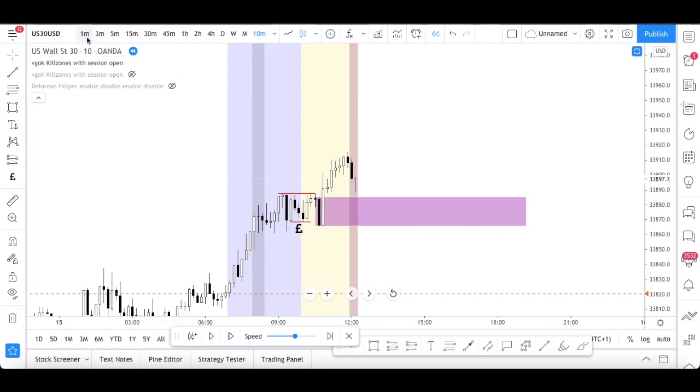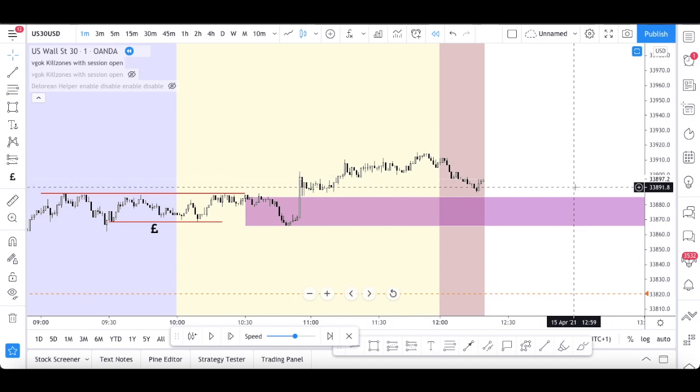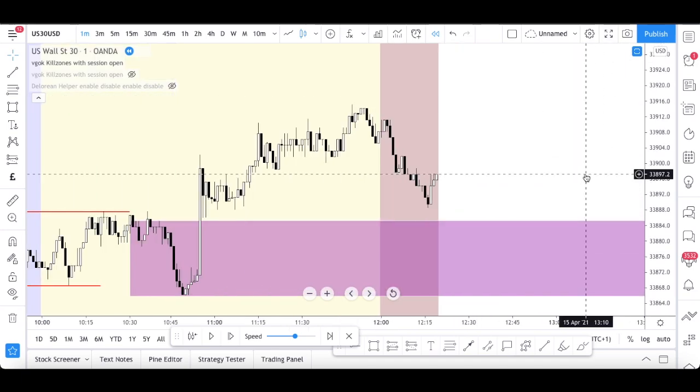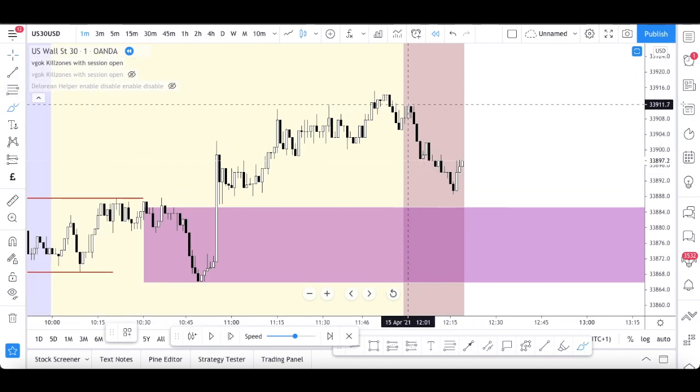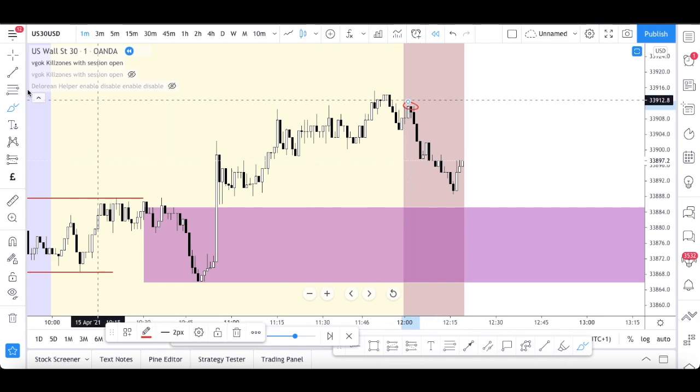So jumping into the 1 minute time frame, as we can see how price is actually moving into this zone, we can start to see the lower highs and the lower lows being created as it approaches our point of interest.